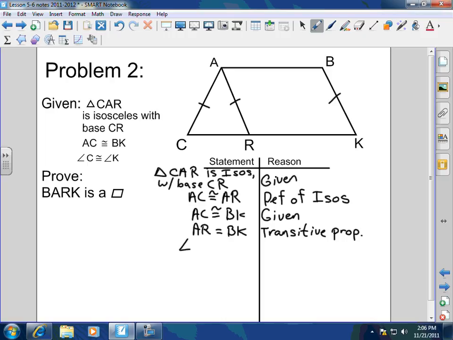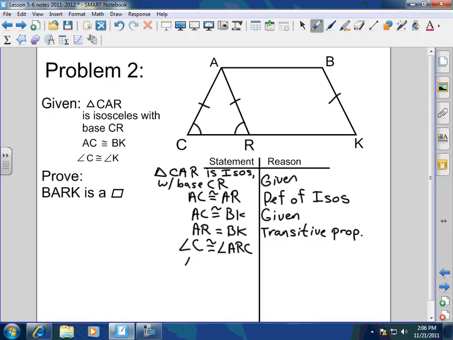Okay, there's a couple angle R's. Which one? Correct. Angle C is congruent to angle ARC. So angle C is congruent to ARC. What else do you know about angle C? Look at the given.